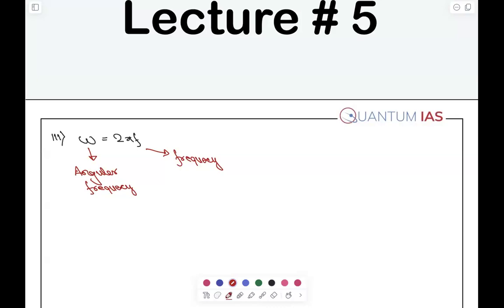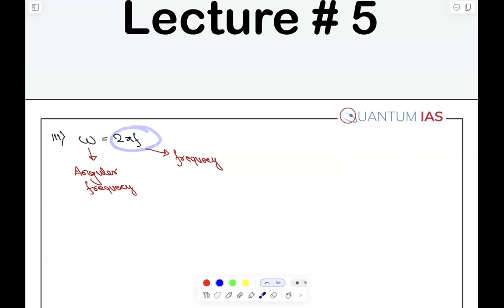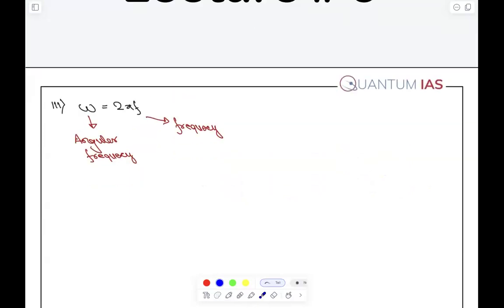Radian has no dimension as such, so sometimes we write omega as second inverse or sometimes hertz also, right? So don't confuse between them. But one thing is very sure, when something is written as frequency, you have to consider that to be this only. Okay, now let's solve this.